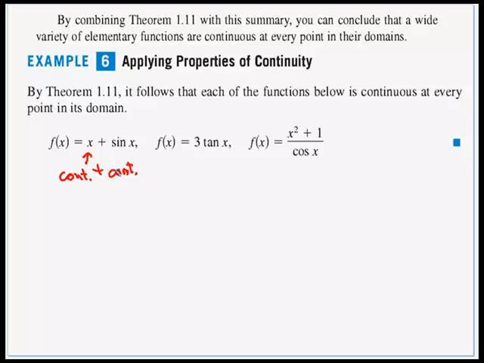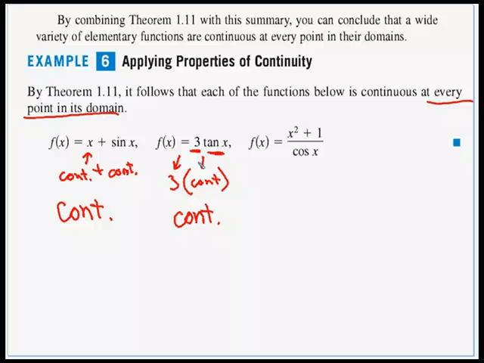A continuous function plus a continuous function results in a continuous function. And again here, key phrase, at every point in its domain. Here we have 3 times the tan of x. So that is 3 times a continuous function across its domain, which is another continuous function. A multiple times a continuous function results in another continuous function.